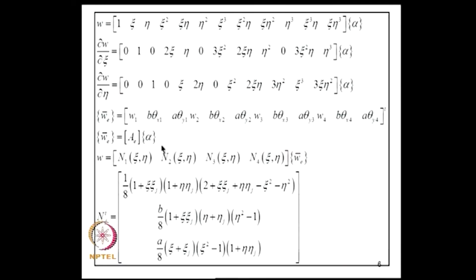Using that fact we were able to determine the shape functions, and were able to represent the vector of nodal displacements W bar E in terms of these shape functions. That is, the field variable is represented in terms of N1, N2, N3, N4, and this vector of nodal coordinates. This N1, N2, N3, N4, Nj term has this form.